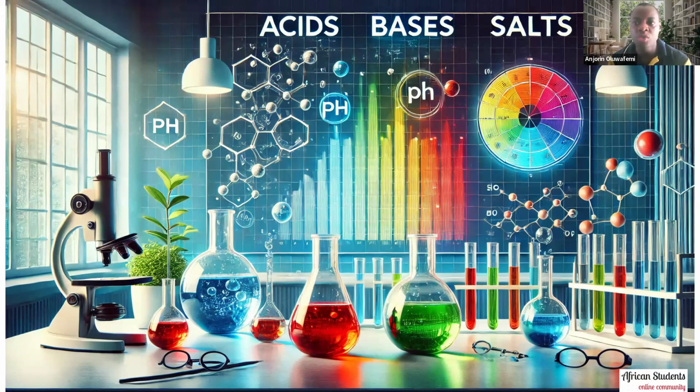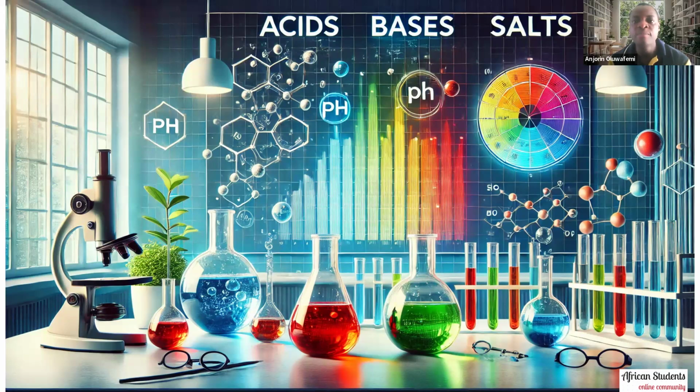We touched on salt also, and we defined what a salt is. It is formed mostly from the reaction of an acid and a base. We gave different types of salts that we have: the acid salt, the neutral salt, the basic salts, and so on.